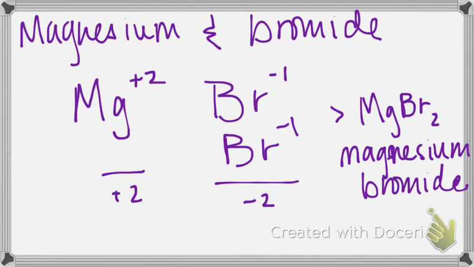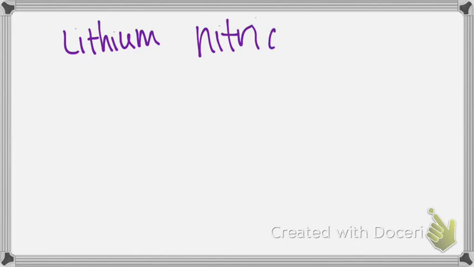Let's try another one. Give me the chemical formula for lithium nitride. Lithium nitride. Okay, this is the actual written name. Lithium nitride is its formal name, and you're going to tell me what's the chemical formula for lithium nitride.